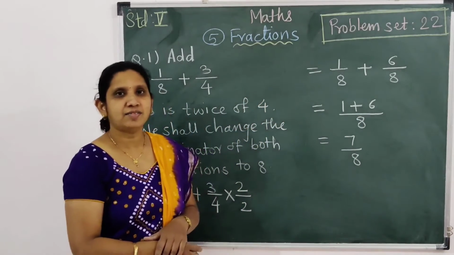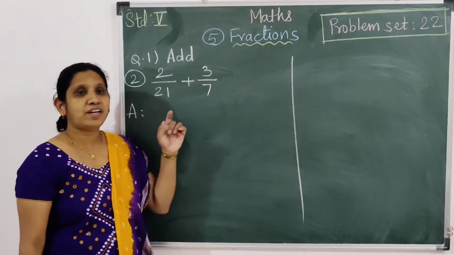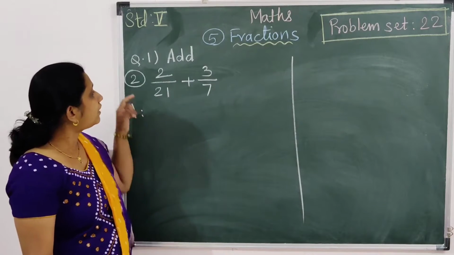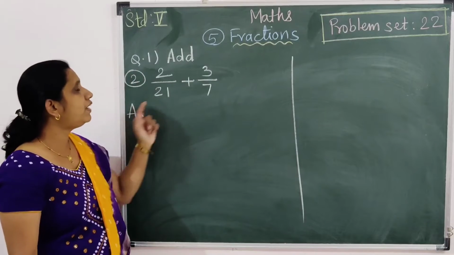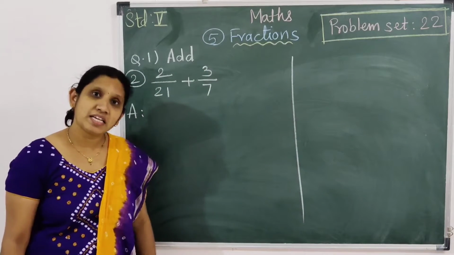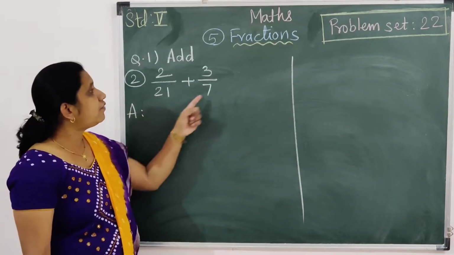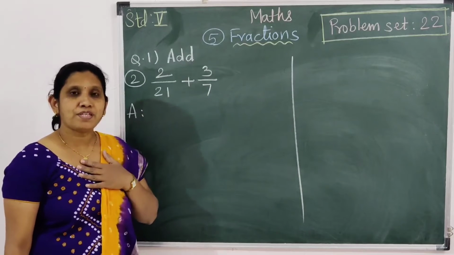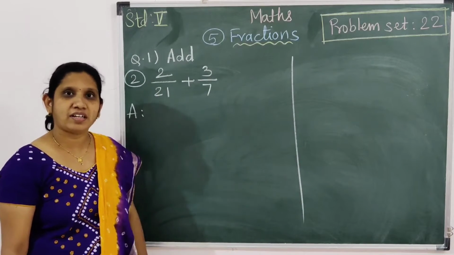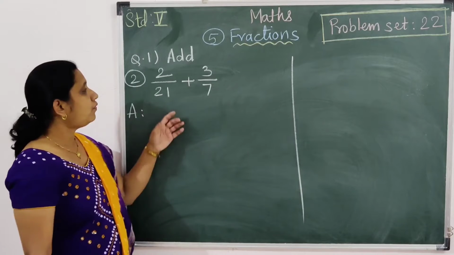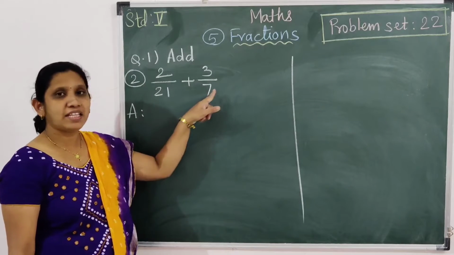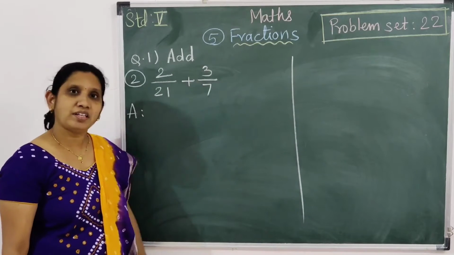Is that clear? See here, students, in the second example, the fractions given are 2 upon 21 plus 3 upon 7. Here 21 is thrice of 7, 7 3s are 21. So we can multiply this fraction by 3 upon 3.